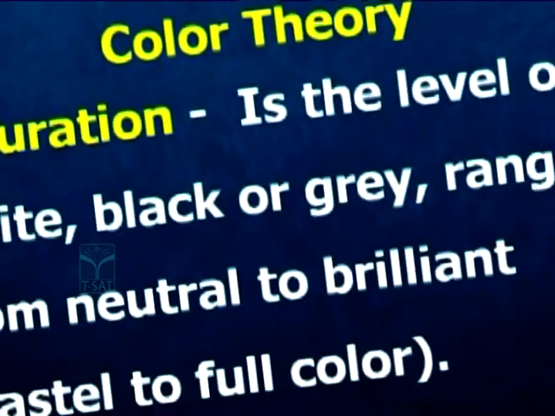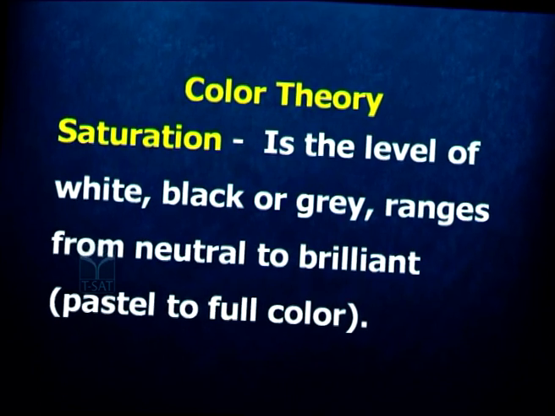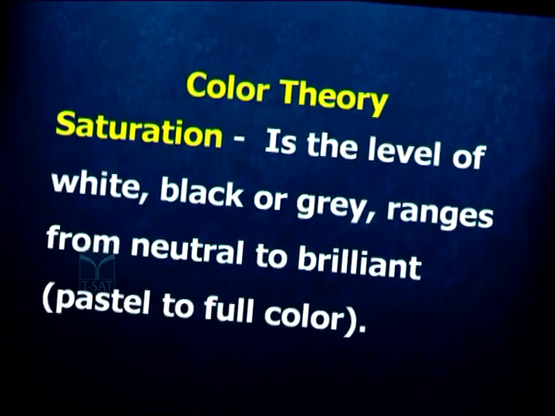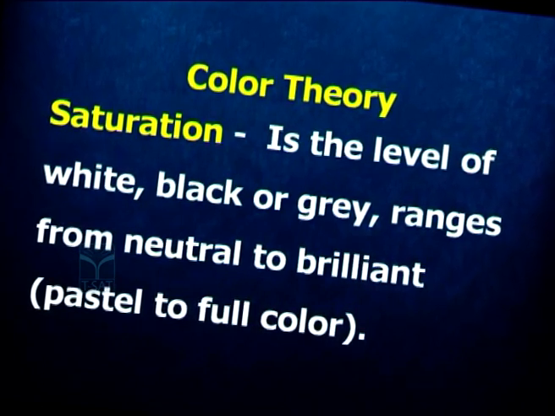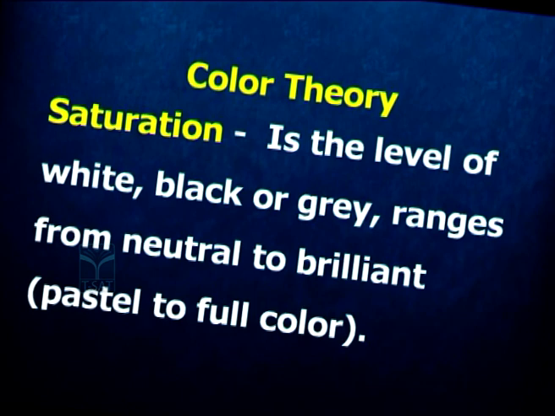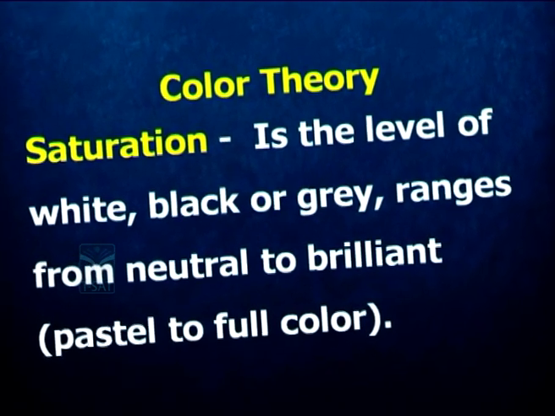For example, if a color is dull, the same color, the red, blue or green or any other color you take, it is unsaturated, right. If it is bright and brilliant, that is saturated. So, saturation is that level of the color where the gray is removed, where the dullness is removed.